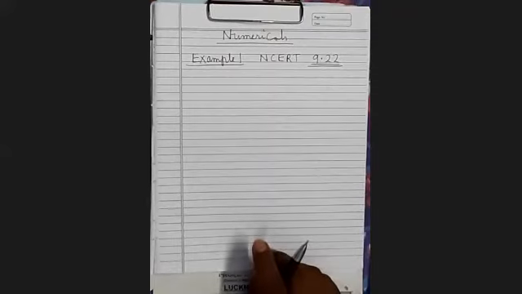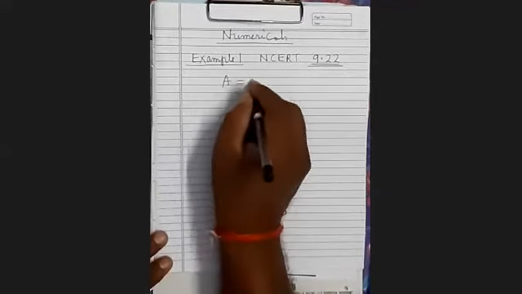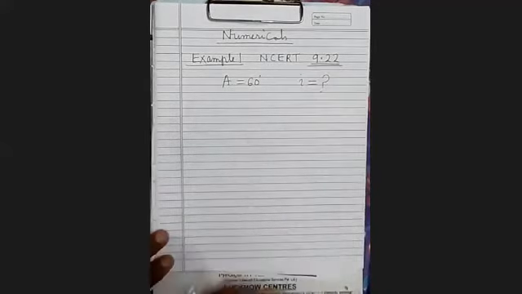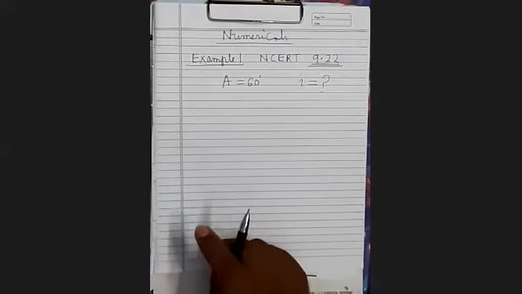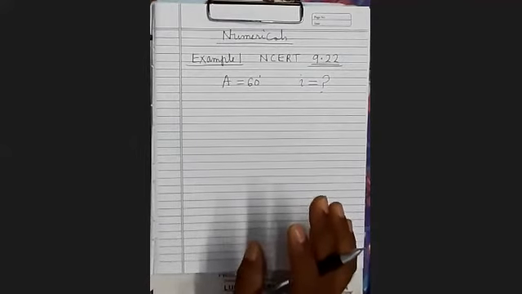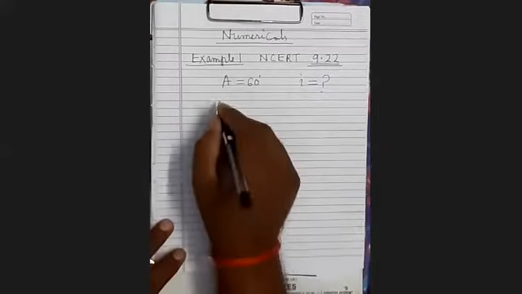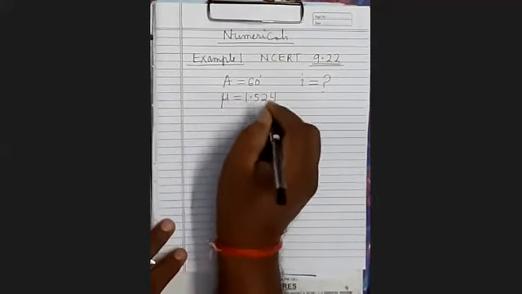At what angle should a ray of light be incident on the face of the prism of refracting angle 60 degree? A is given 60 degree and you have to find angle I, so that it just suffers total internal reflection at the other face. Refractive index of the prism is given 1.524.